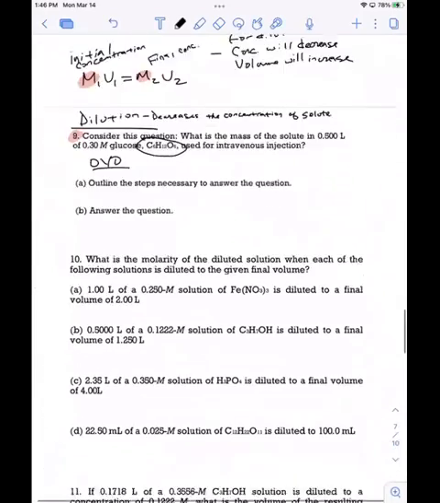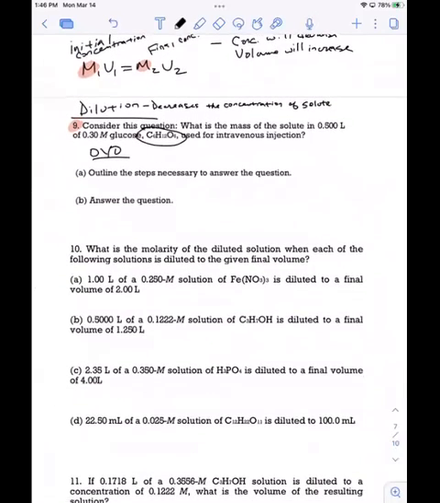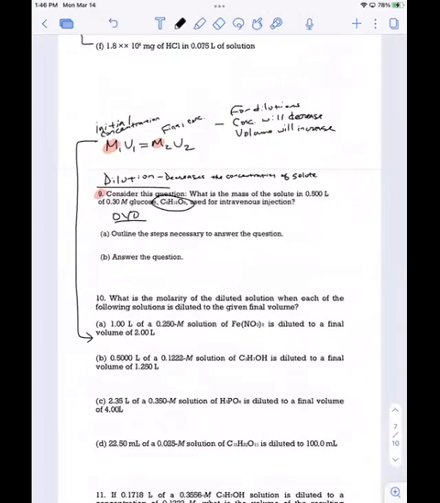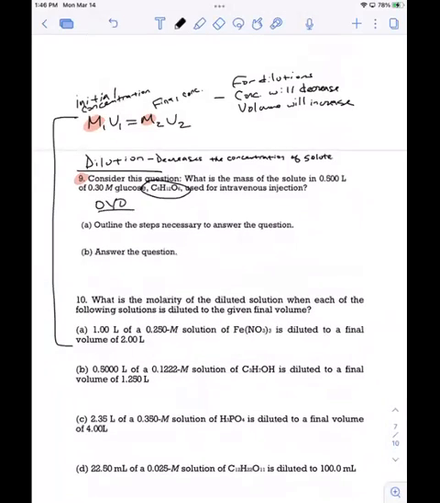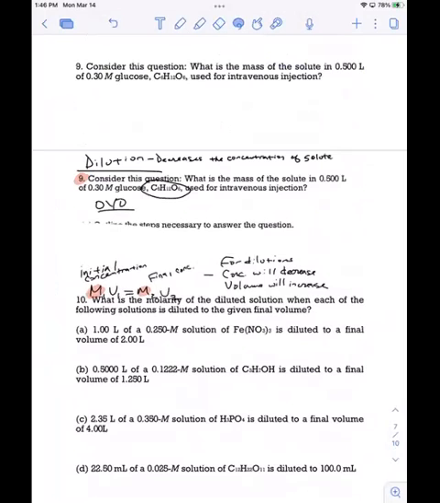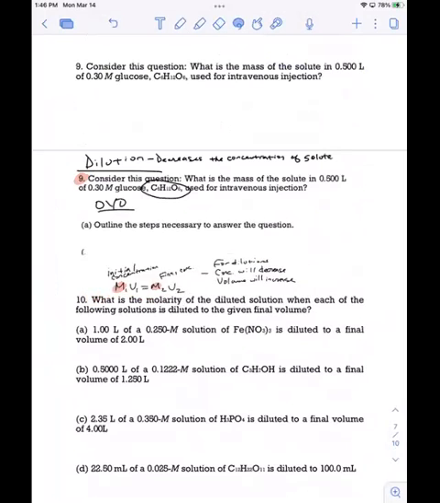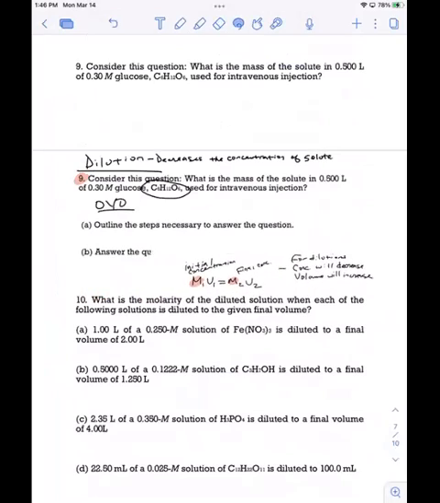All right, let's do number 10. So we're talking about dilution, and let me erase that. And I'll move this around before I post it. So these are all dilution problems. Actually, let me just do this because I don't want to confuse you if you're looking at the notes later. All right.